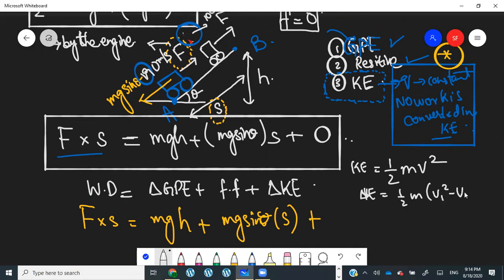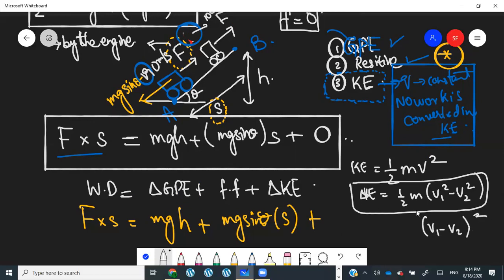Half m times v1 squared minus v2 squared. This is not the same as v1 minus v2 whole squared, okay? They are not the same. This is a very common error which students make. In one, there is a square outside the brackets on the whole thing, whereas in the other, there is a square on the individual velocities.